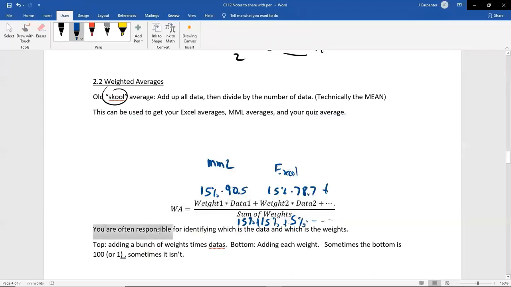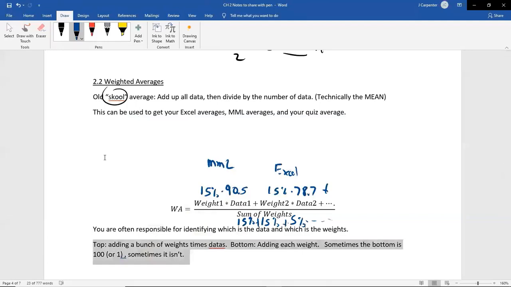But one small issue is you're generally going to be responsible for identifying which is the data and which are the weights. Now, I just explained that for a grading system, the weight is the percentage that's set up in a syllabus, for instance, and then the data is the grade you earn. And then this triplicate of sentences is just explaining everything I just said out loud.